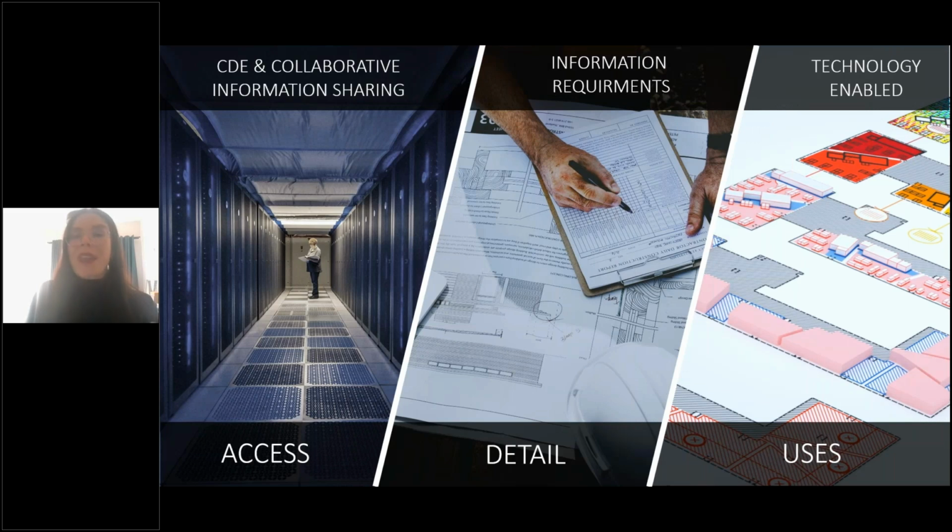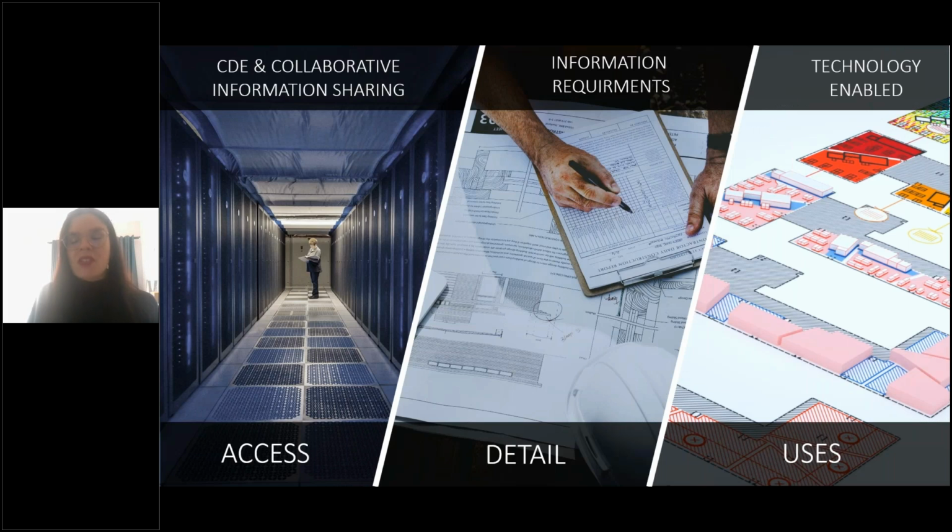So from an access point of view, it's the common data environment and collaborative information sharing. The details we talk about, are we meeting our information requirements? If I need specific information, am I getting that, or am I getting things that are irrelevant or things that are lacking?